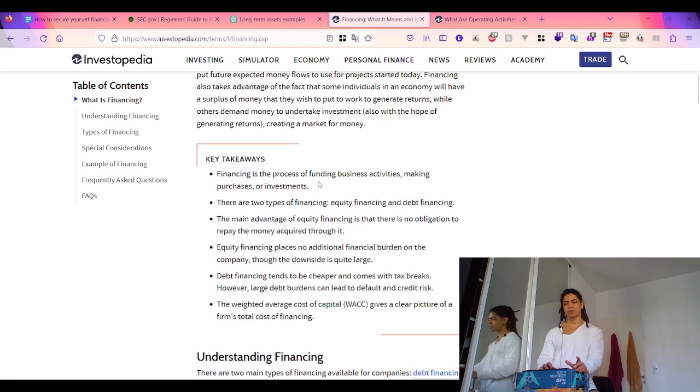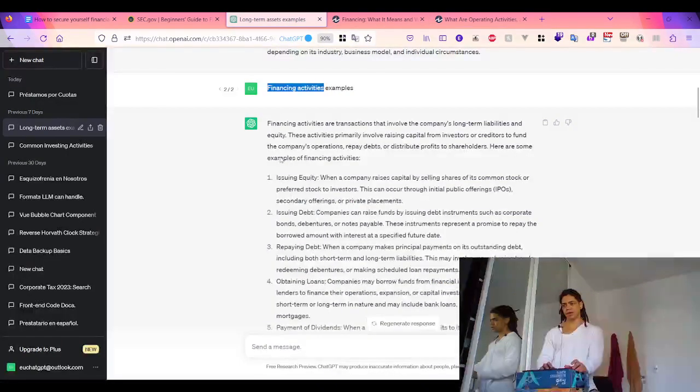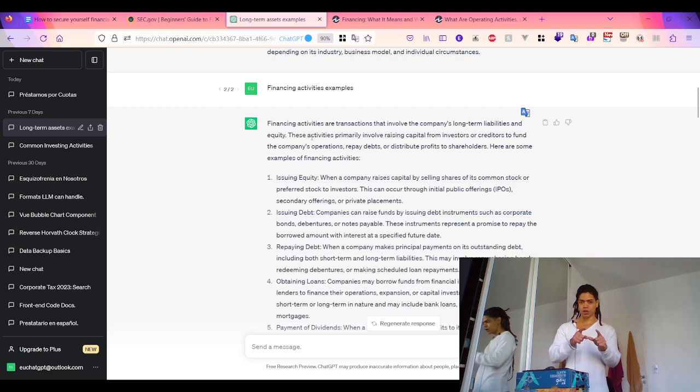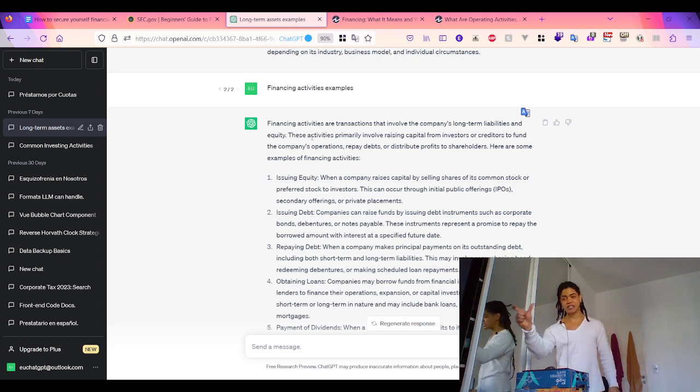So they talk about funding, especially in this context. But here, for financing activity, ChatGPT mentioned that it is a transaction that involves the company's long-term liabilities and equity. It involves the company's long-term obligations and piece of ownership. Interesting, right?